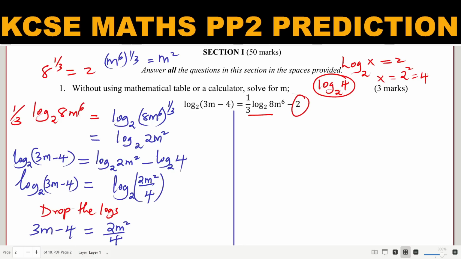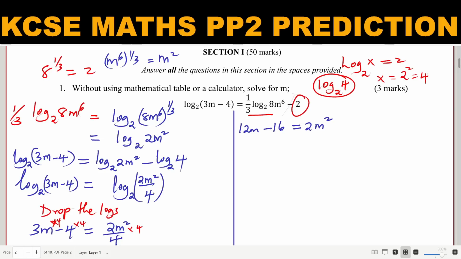Once you've done that, I can multiply each term by 4. I can multiply this one by 4, this one by 4, and this one by 4. And this will simplify to 12m minus 16 is equal to 2m squared.